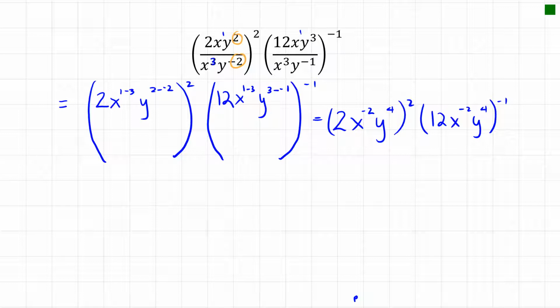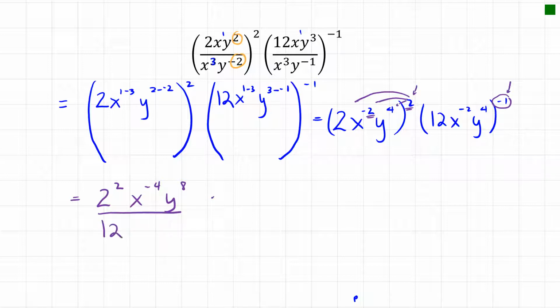Next step, we're going to deal with these exponents here. In the first one, it's going to apply to each of these. So it's 2 squared, x to the negative 4, y to the 8th. Remember, I'm multiplying exponents, 2 times negative 2 and 4 times 2. In the next one, I'm going to deal with this by saying, hey, that negative is going to push all of it into the denominator.